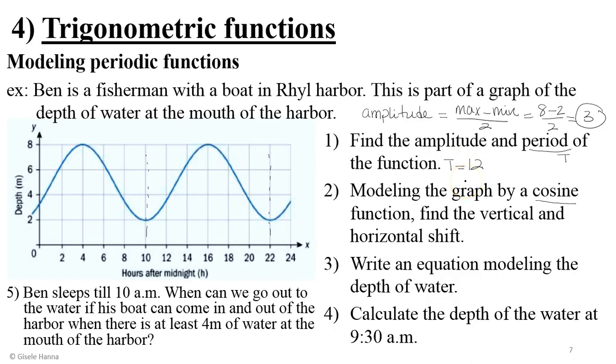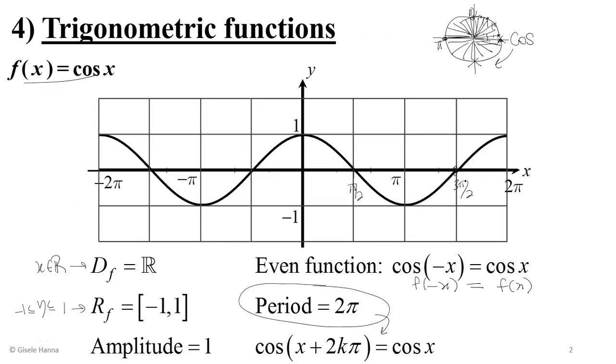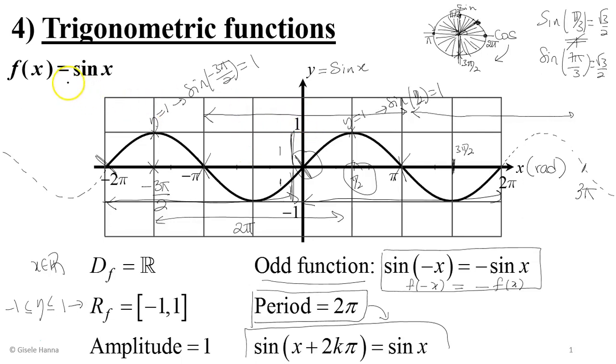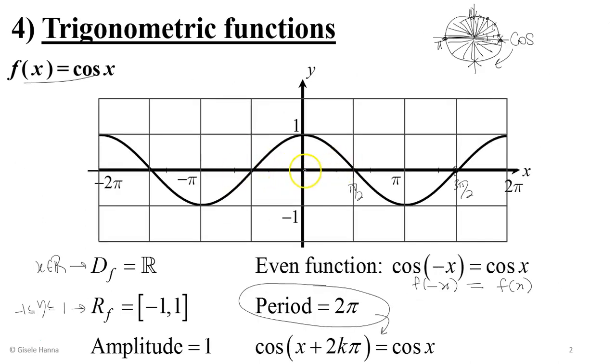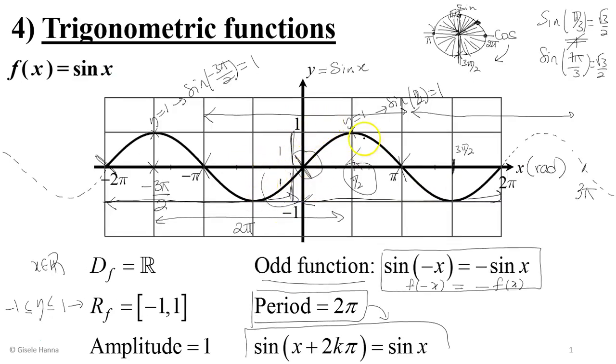Now, it's important to tell whether this is modeled by a cosine or a sine function, because if we go back just a little bit to the sine and cosine functions, we know that y equals sine x, before applying any transformations, has the point (0, 0) on the curve. If I were to model this by a sine function, I'd check for this part of the curve by how much it was shifted.